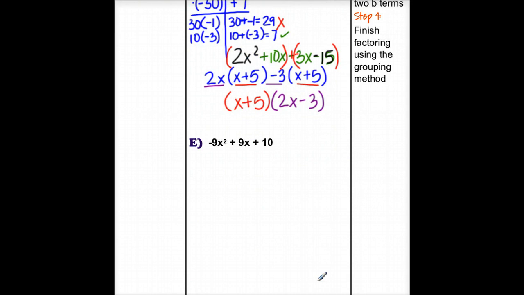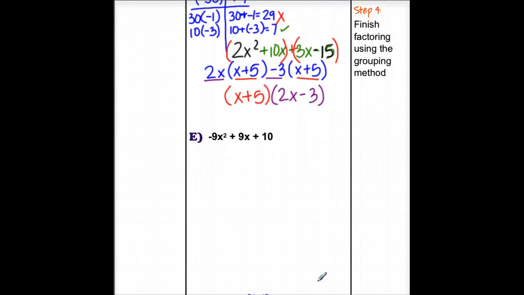Moving on to one final example, we have negative 9x squared plus 9x plus 10. There are two routes you can move with this. One can be if you don't feel comfortable working with a negative coefficient of the A value, you can factor out a negative 1. Otherwise, we can work with it.